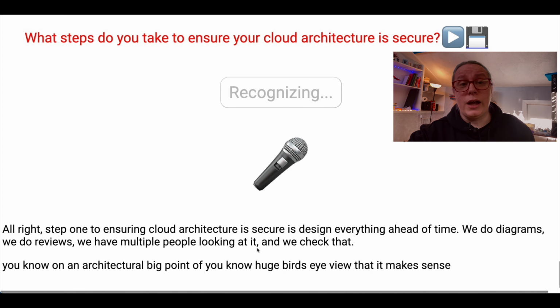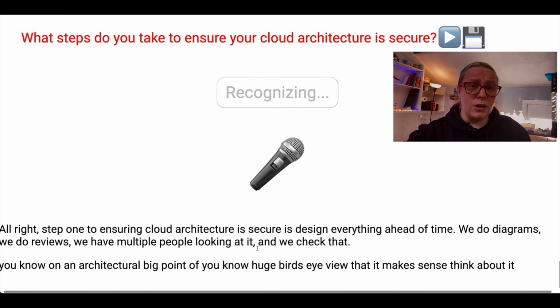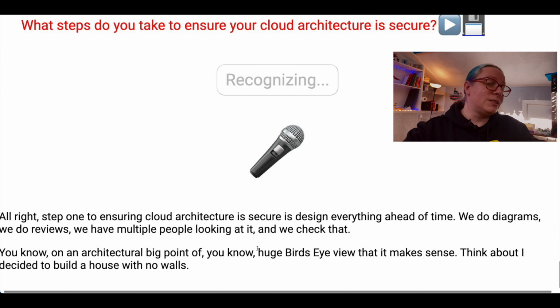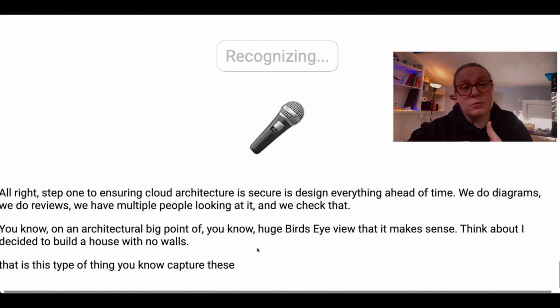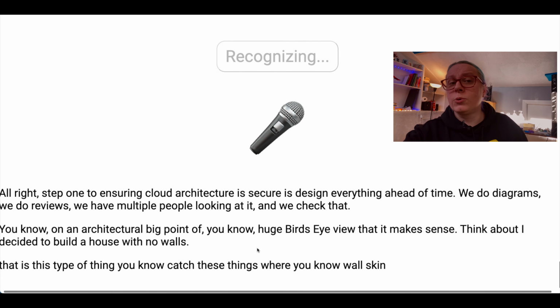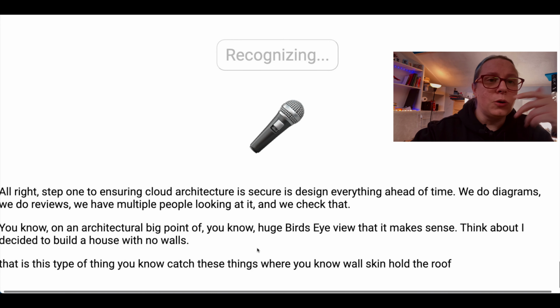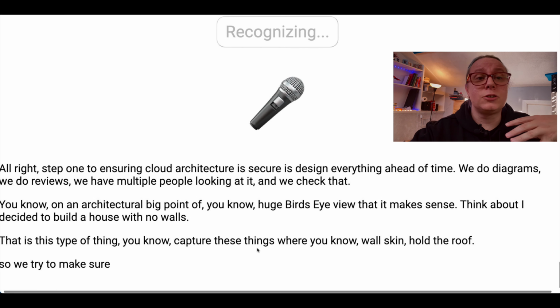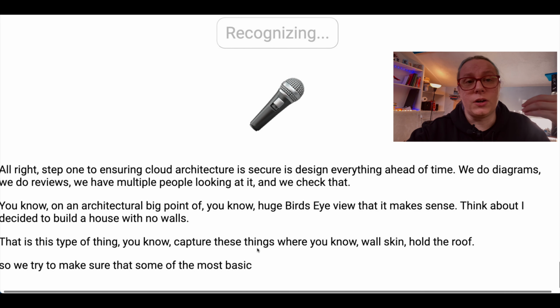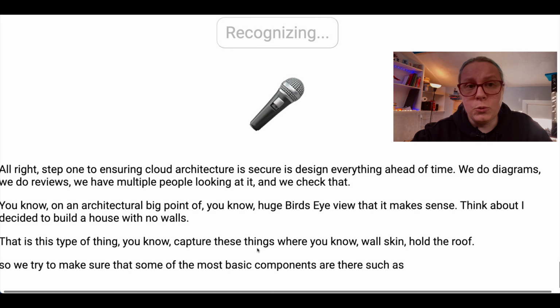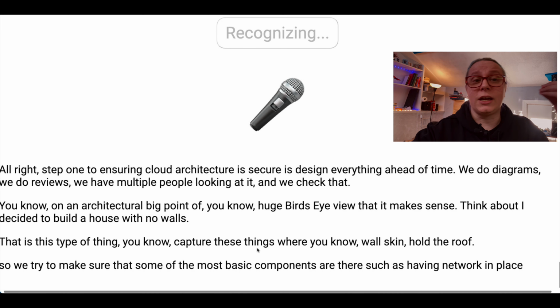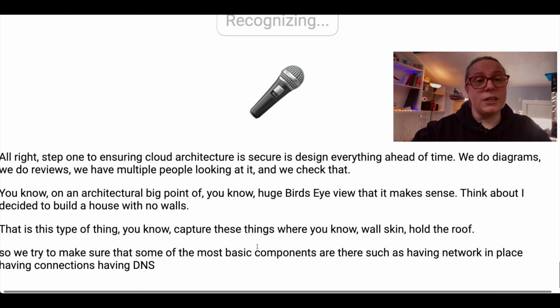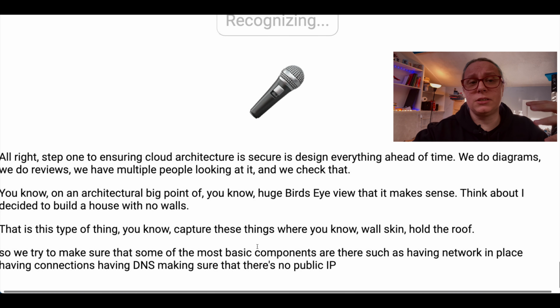Think about, I decide to build a house with no walls. This type of thing, we catch these things where walls can hold the roof. So we try to make sure that some of the most basic components are there, such as having network in place, having connections, having DNS, making sure that there's no public IP addresses in the design and all that stuff.